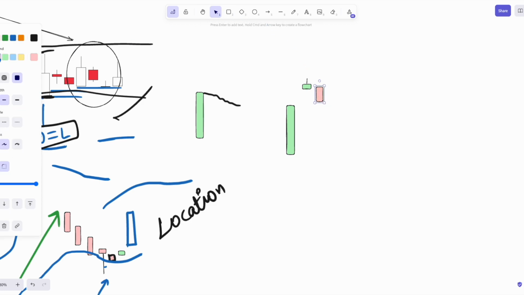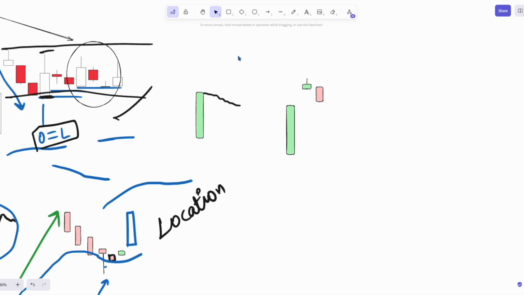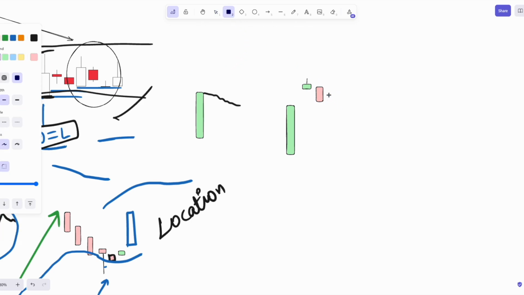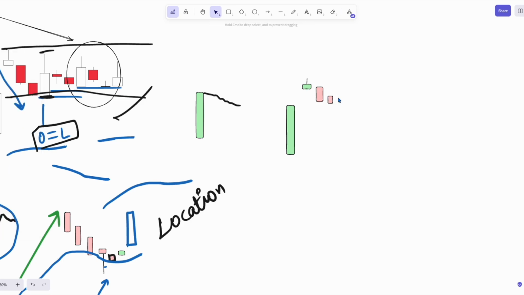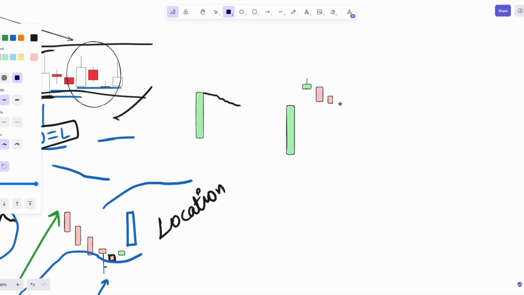And after this, there is another red candle, a little smaller. And then you have this candle, but this does this, and which will be like this.